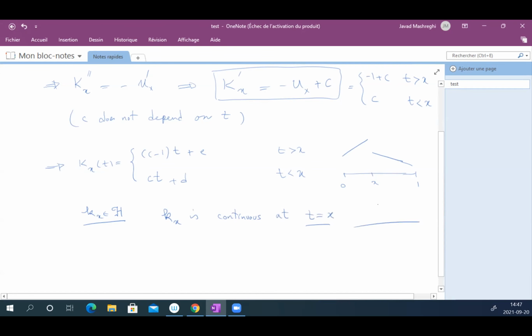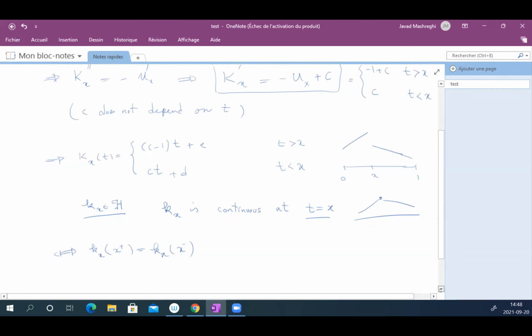In other words, we need to have something like this. This is equivalent to saying that k x at the point x plus is equal to k x at the point x minus, according to these definitions.